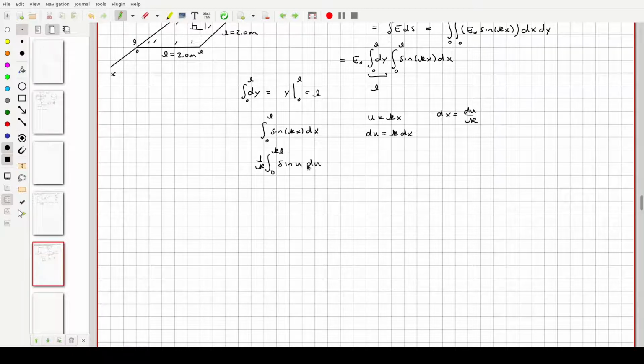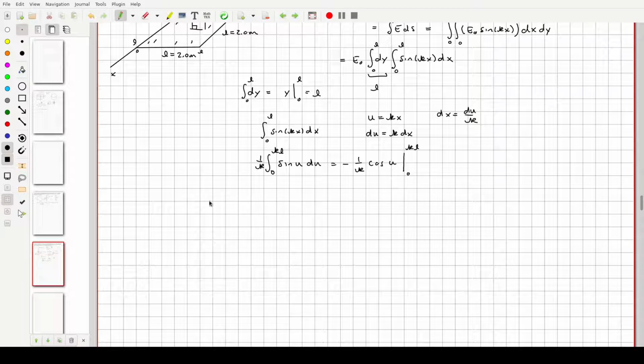And the integral of sine is minus cosine. So you have a minus sign that sits out in front, a 1 over k, a cosine of u evaluated from 0 to kL.